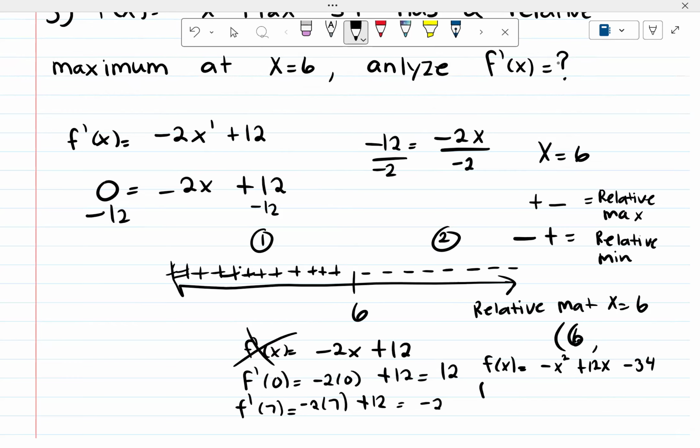And then just go and plug in 6. What is that? It's just about 2. So you have a relative max at 6, 2.